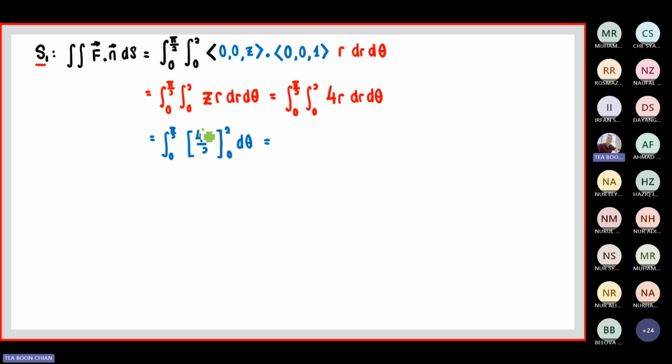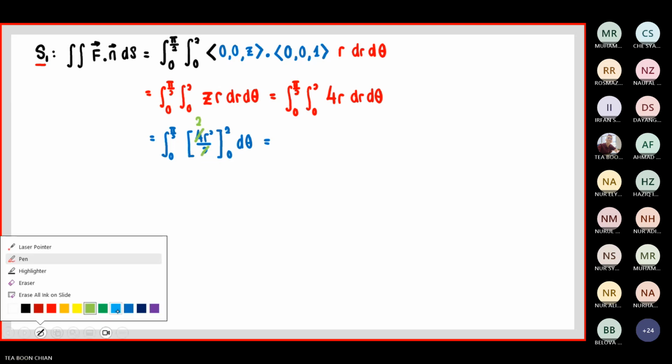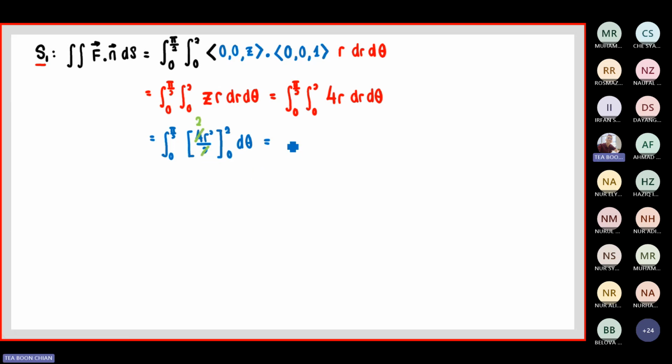So here, 4 and 2 simplify. And you get integrate 0 to 2 pi over 2. Okay. 2 squared, 4 multiply 2 gives you 8, 8 d theta.